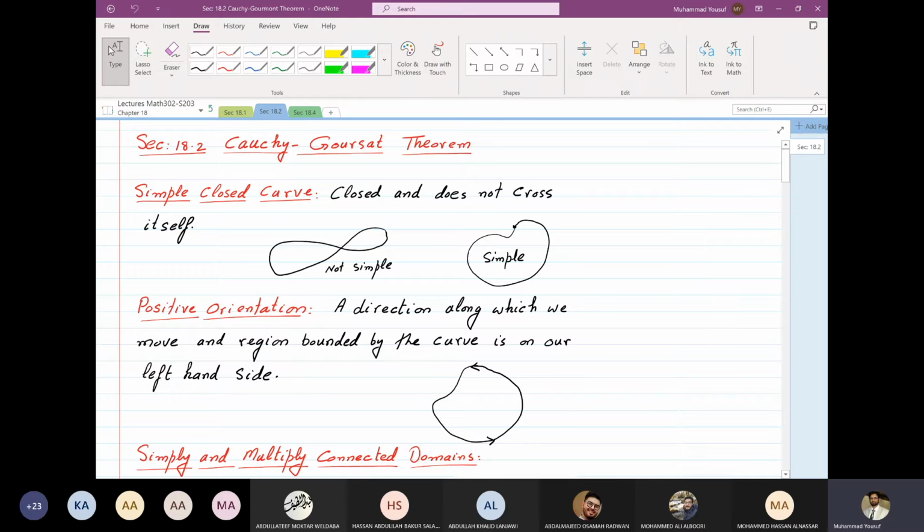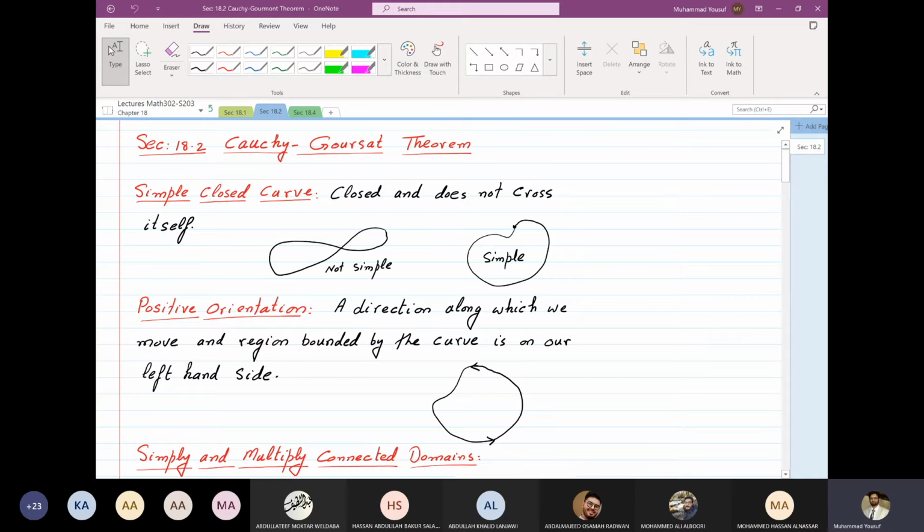A simple closed curve, although you are familiar with this: a closed curve is when the starting point and ending point are the same. From the same point the curve starts and ends. So every point is a starting point and ending point. Now here when the curve crosses itself, then it is not simple. When the curve does not cross itself, it is simple.